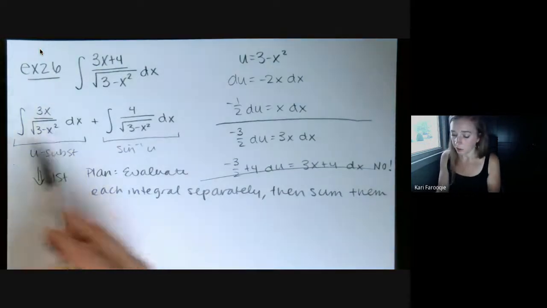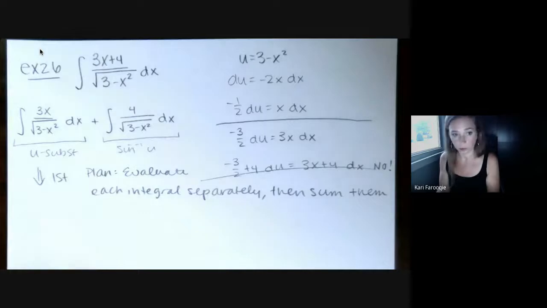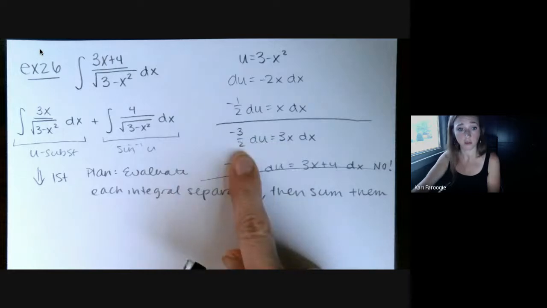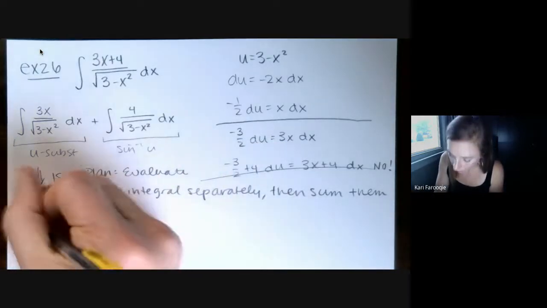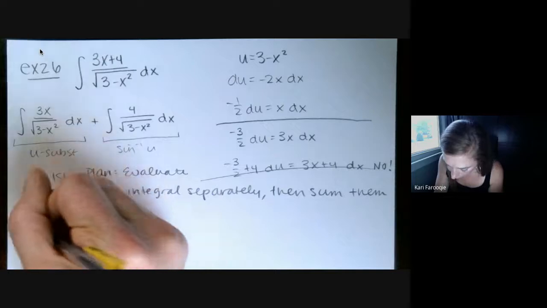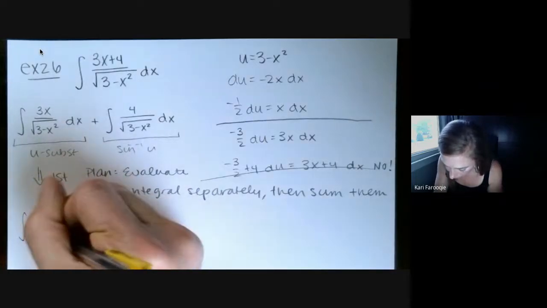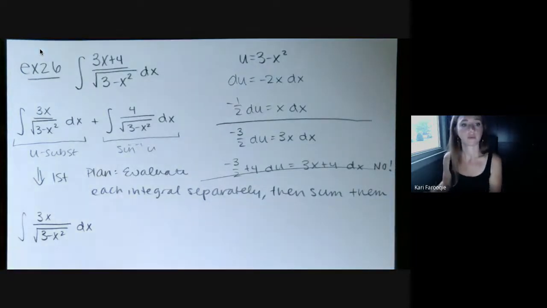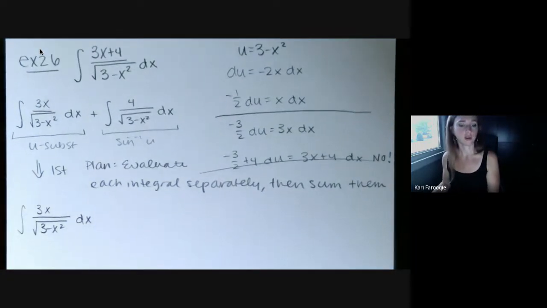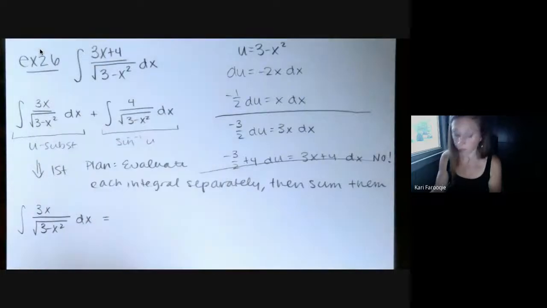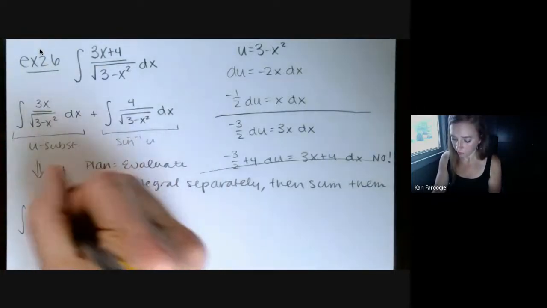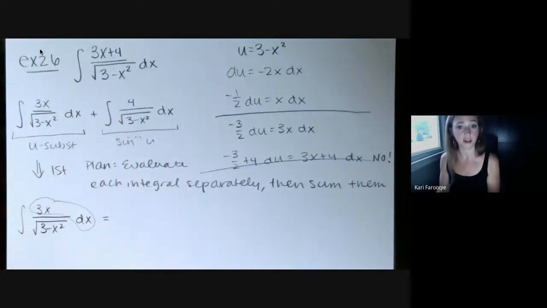So we did all the work here using u equals 3 minus x squared. We even created the 3x dx by taking negative 3/2 du. So I'm going to rewrite this integral over here just so that we can solely focus on it. This is the one that we're doing first, and we're now going to write it in terms of u. We had 3x dx as negative 3/2 du.